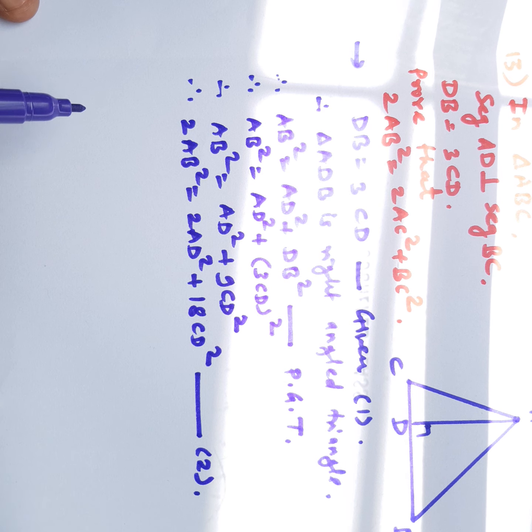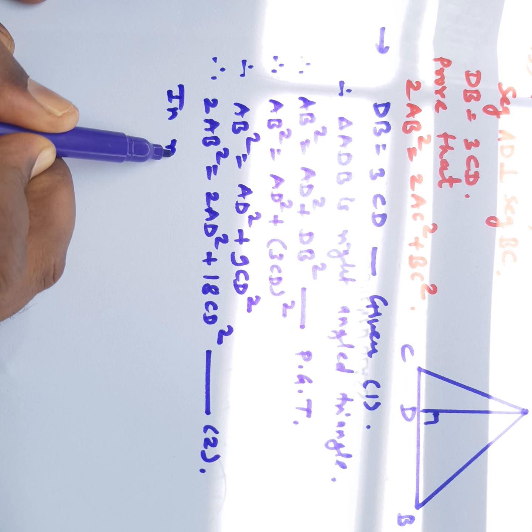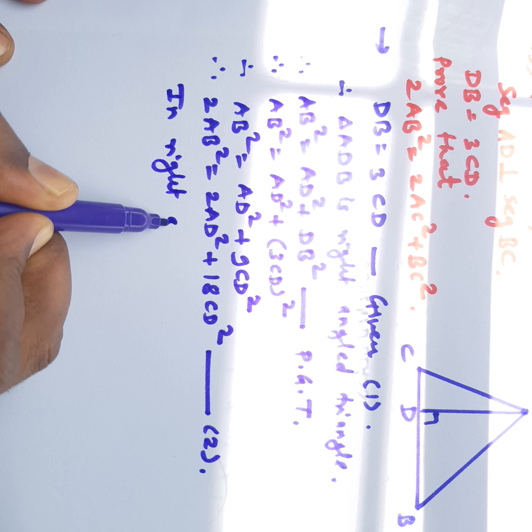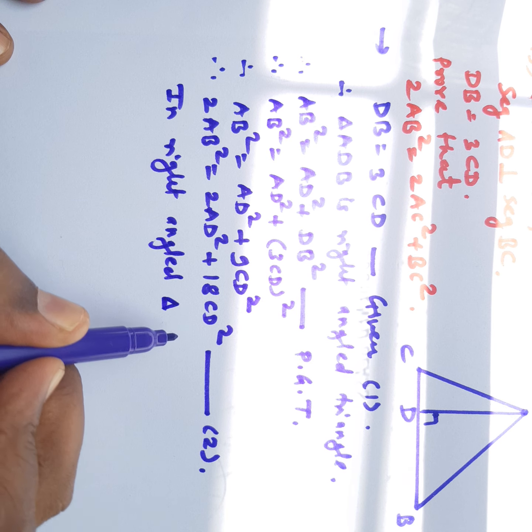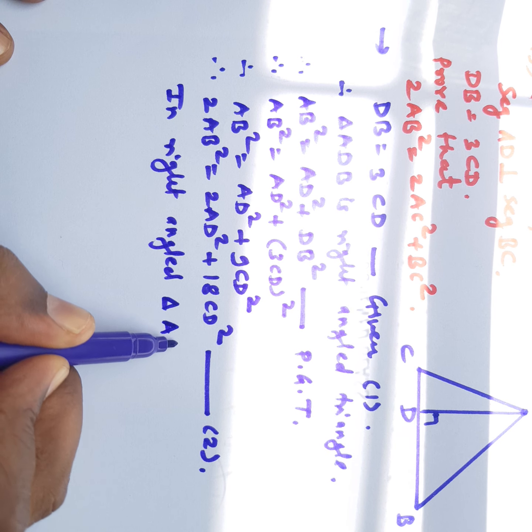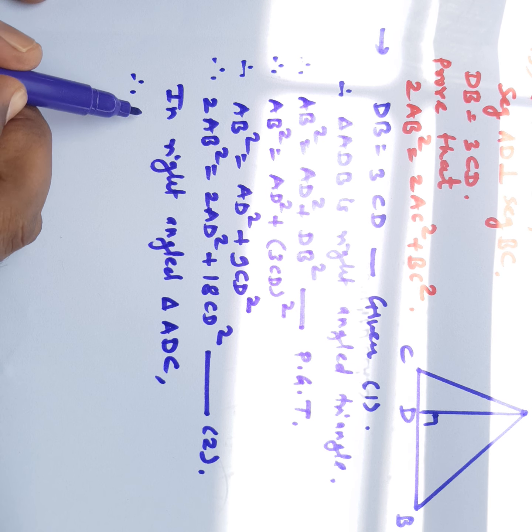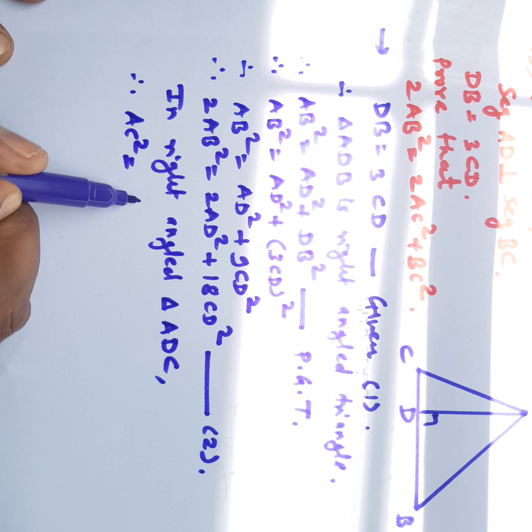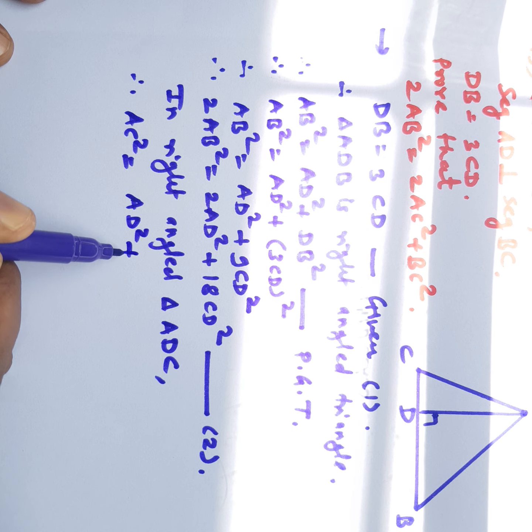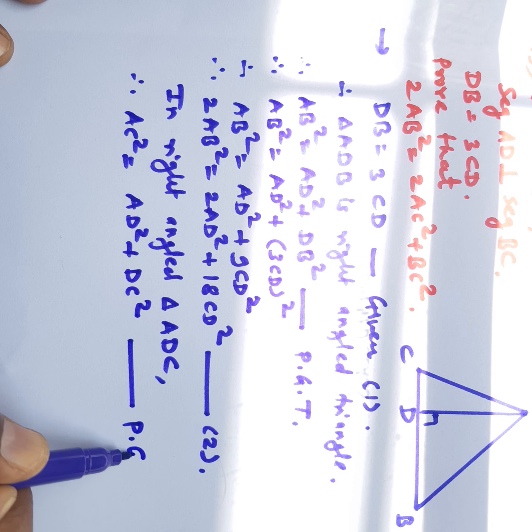Then again, in another right angle triangle, in right angle triangle ADC, by using Pythagoras theorem we will get AC square is equal to AD square plus DC square.